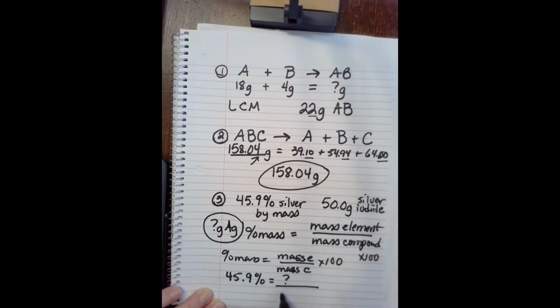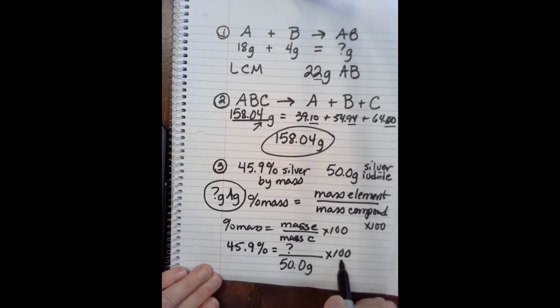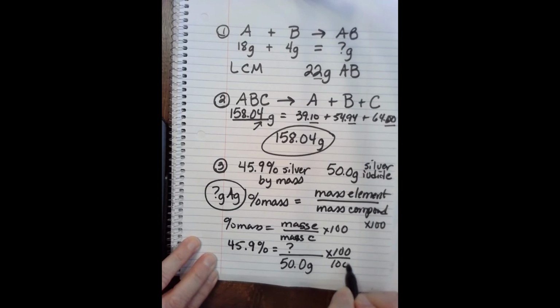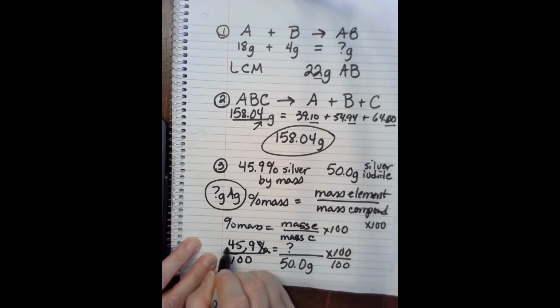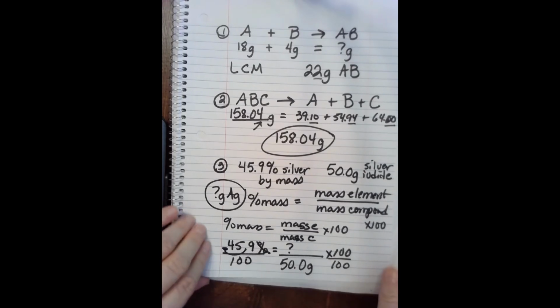It's right here, 50.0 grams. Now, don't forget the times 100, all right? I'm going to move my camera because I'm going to run out of room here. We have to have that because that removes the percent sign from over here. So we divide this side by 100. We divide this side by 100. That makes the percent sign go away, and it moves my decimal over, right? That's what that does. I'm going to rewrite that.